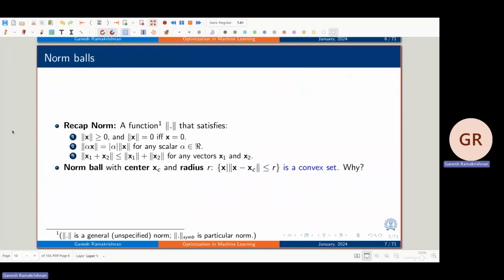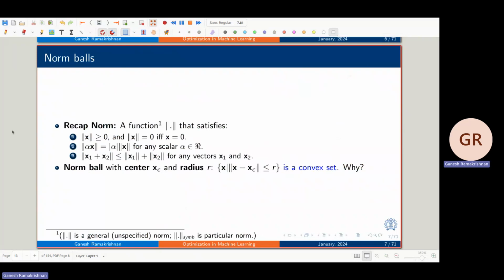So we can have a more generic notion of a norm.